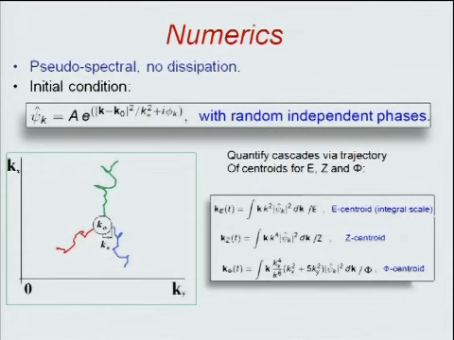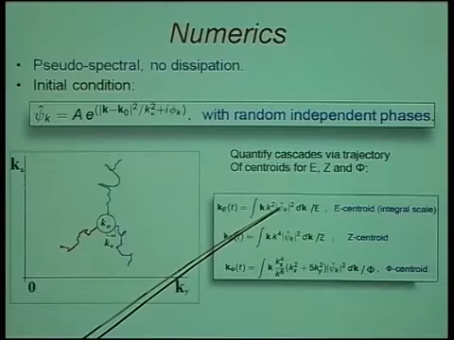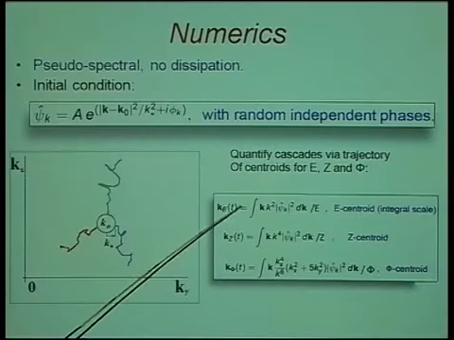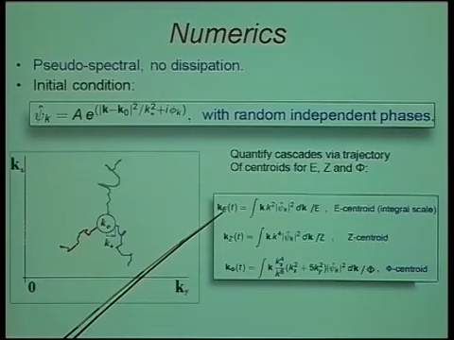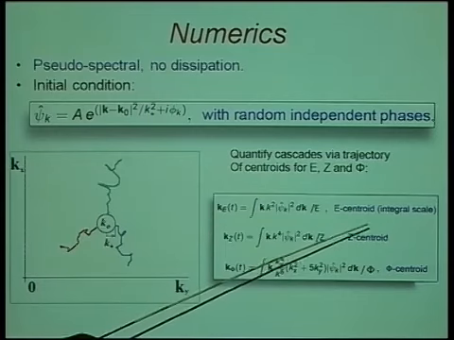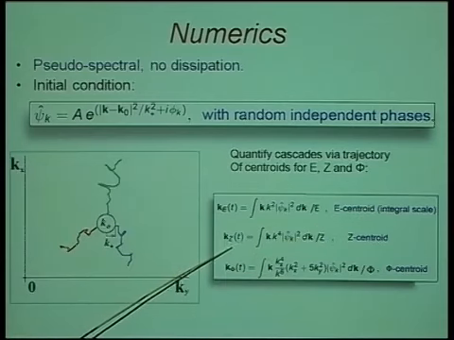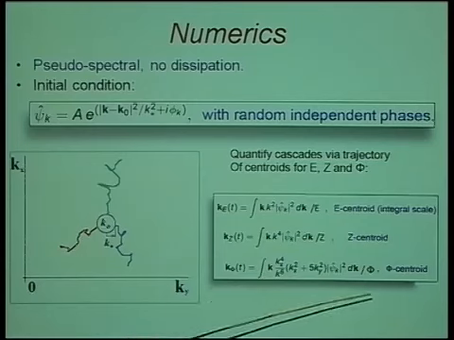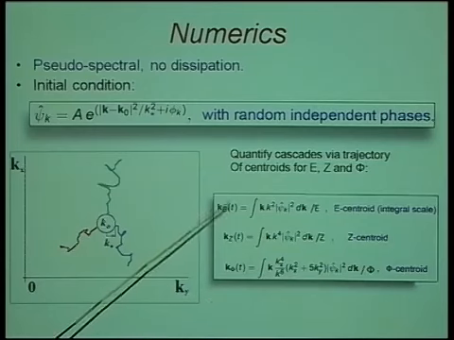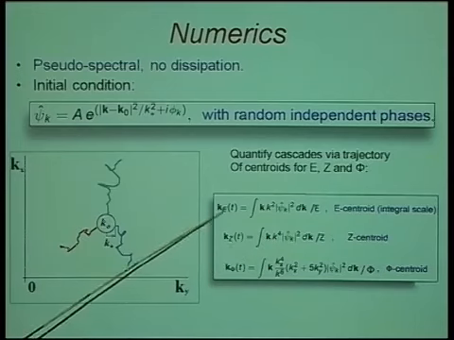Basically, we just weigh their corresponding densities, and so there will be the energy-containing wave number, sometimes called the integral scale of turbulence, the potential enstrophy centroid and the zonostrophy centroid. They will be functions of time, and we'll follow where they go.